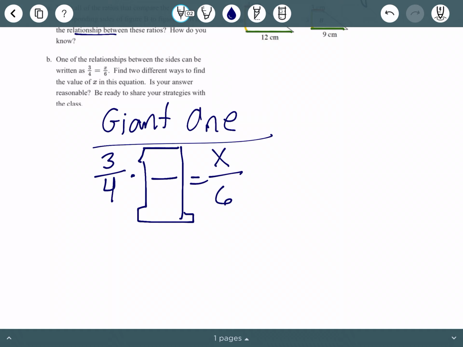So work backwards to figure out, oh, well, 4 I'll multiply by 1.5 then. And if that's what I multiply 4 by to get 6, then that's what I have to multiply 3 by to get x. So it's a giant 1. It has to be the same on the top and the bottom. And you'll see when we multiply 3 by 1.5, we get 4.5.